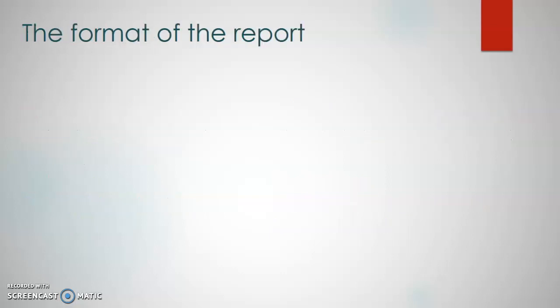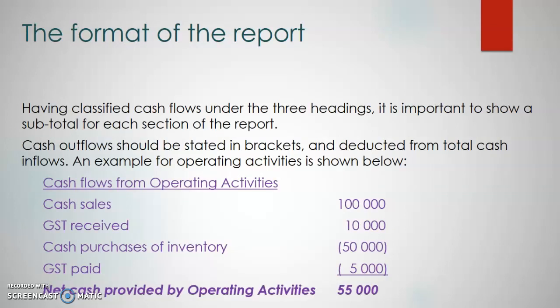Let's go on. This is the format of a report, so you should remember this from last semester, but if you don't, not to worry. I'll do one example with you as well. You remember we did a pro forma like this. Cash flows from operating activities: cash inflows are at the top, so cash sales, GST received. You write the amount here.